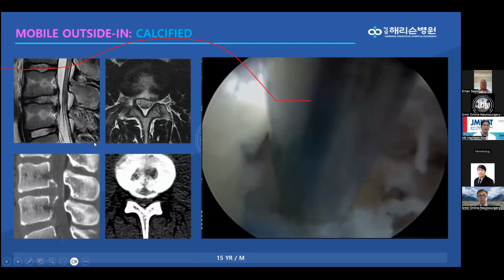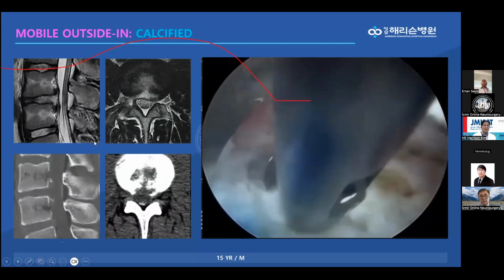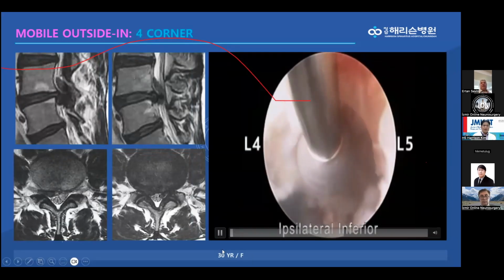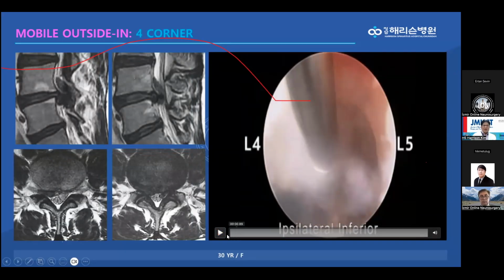But then you can see like this. Yes, this case shows the real advantage of the mobile outside-in approach.